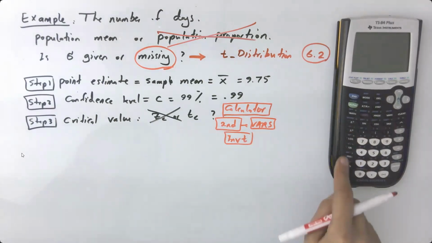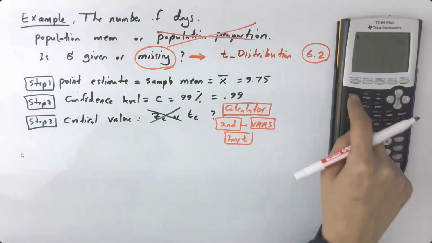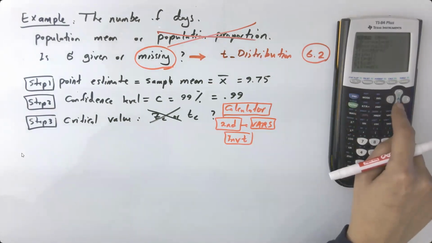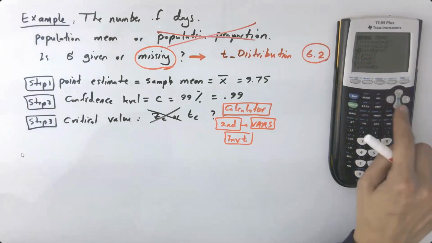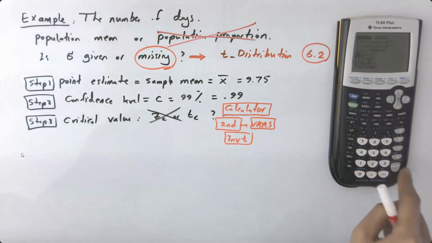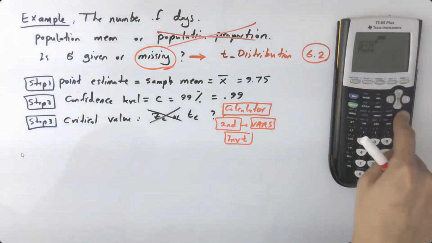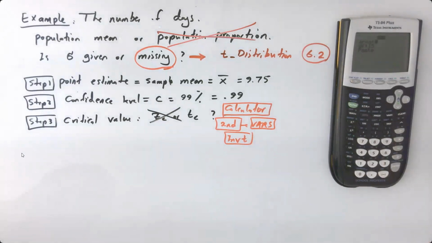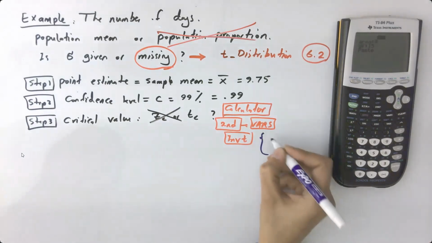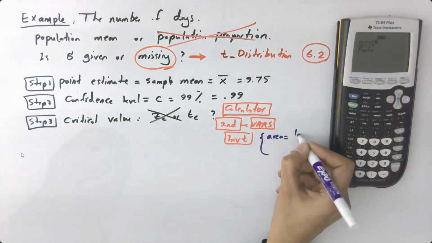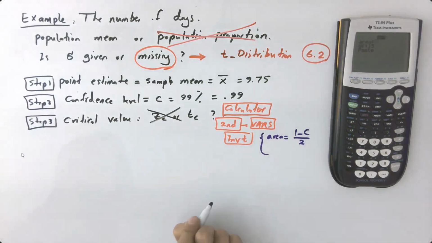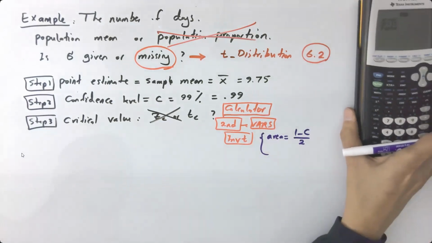Let's turn on the calculator and then go to second, vars and inverse T. Inverse T is just right here. Let's click on that. Well, what is my area? I need to find the area. The area, as you remember, is 1 minus C divided by 2. But what is C?